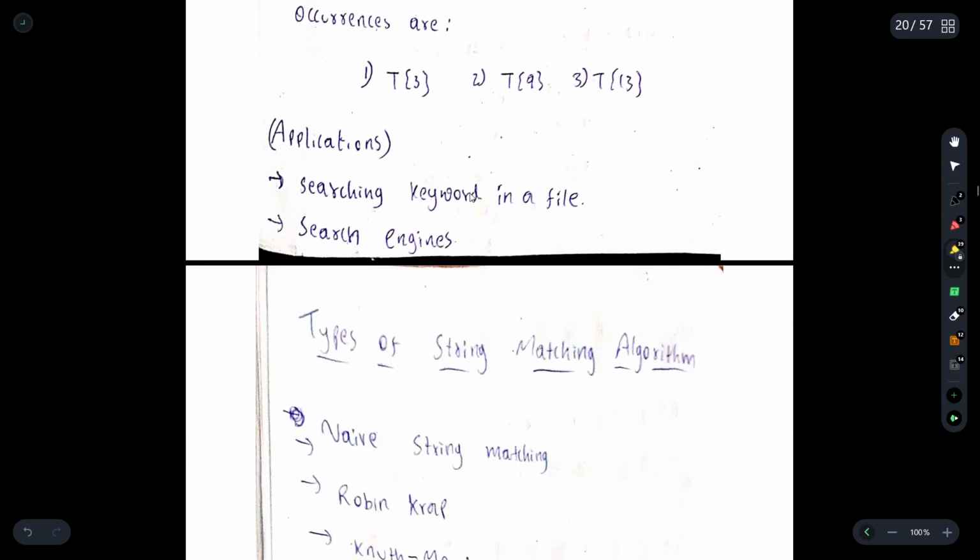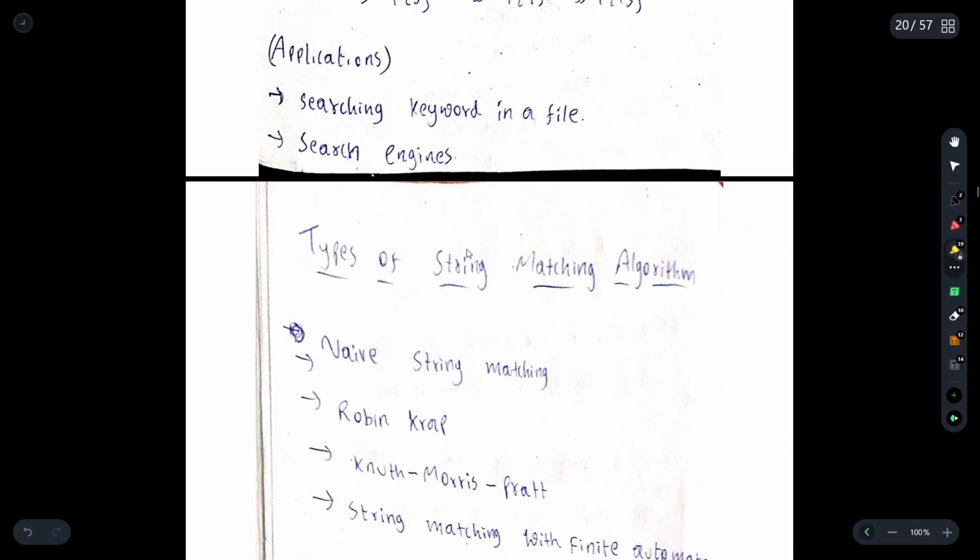The applications are searching for a keyword in a file, mainly used in search engines such as Google.